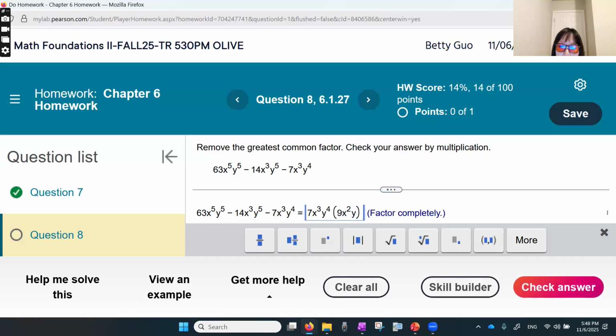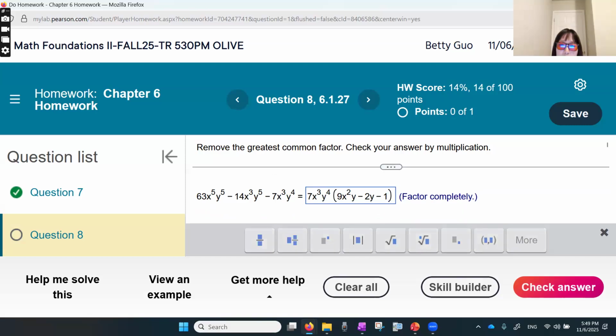And in the second term, that's not an equal sign, yeah, minus. Second of 14, we have 7 out, so 2 left. X cubed is out. Y left because we have 4th out. Minus 7 is out, x cubed is out, y fourth is out, so minus what, guys? Minus 1.